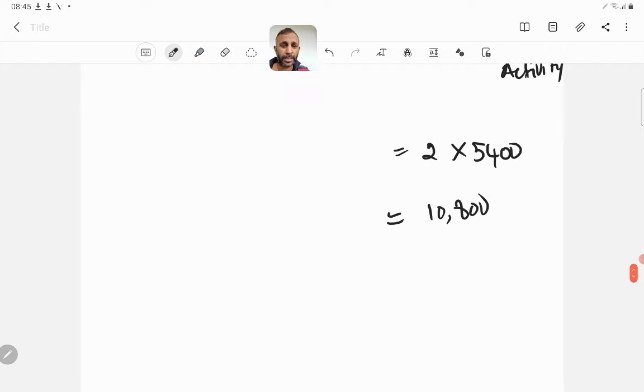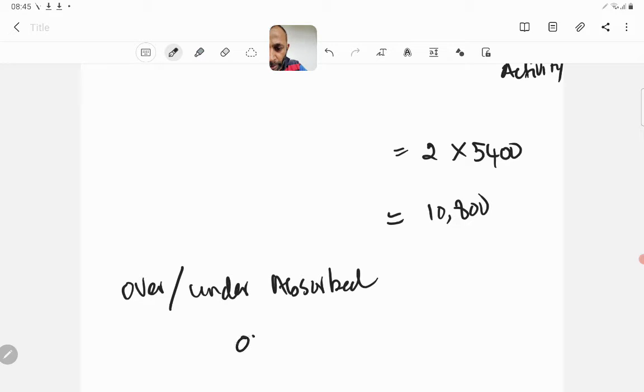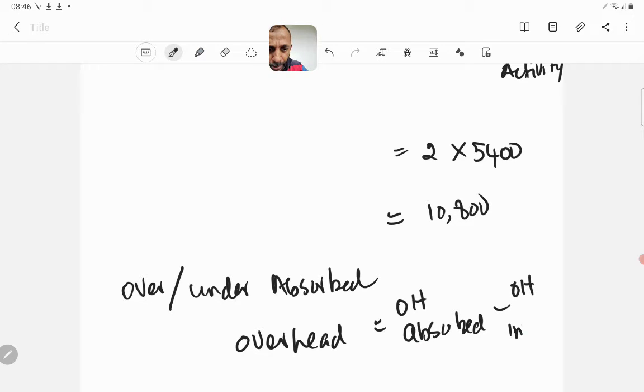Then we need to calculate over or under absorbed overhead. How to calculate that? Overhead absorbed minus overhead incurred.